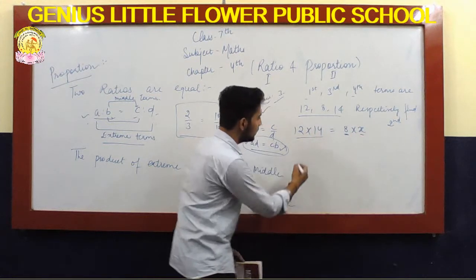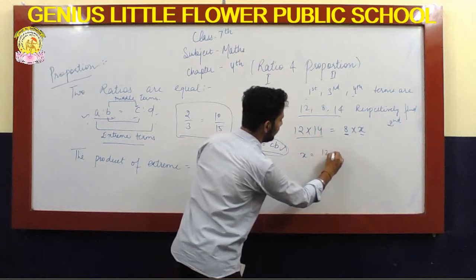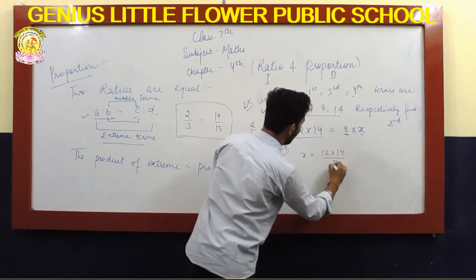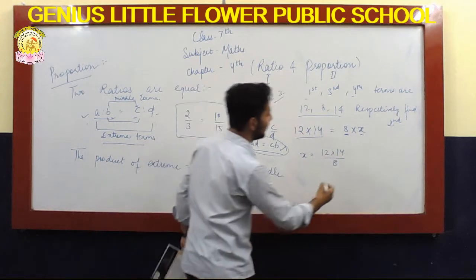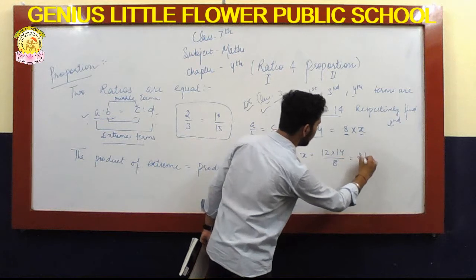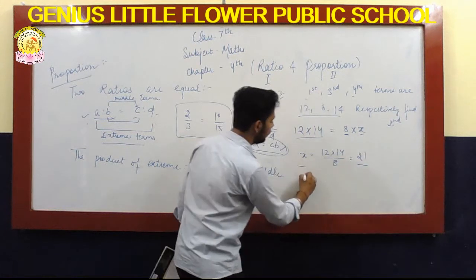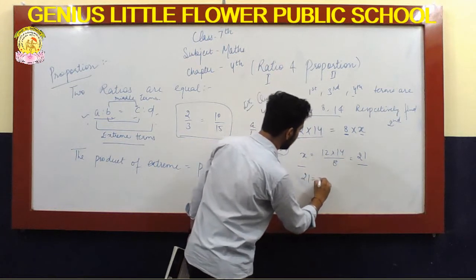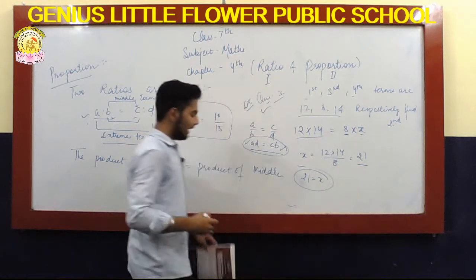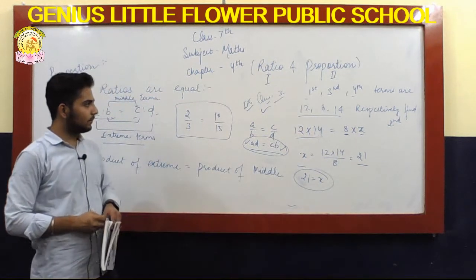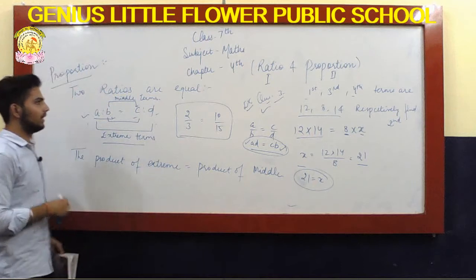So x is equal to 12 into 14 divided by 8, and you will get the answer 21. So the second term is 21. Like this you have to solve many other examples. Next we are going to do another example.